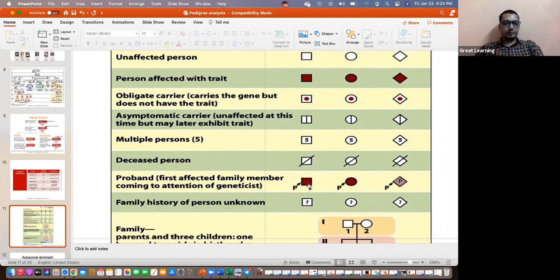So this is a reference point. You are digging for information from him, his parents, his grandparents, his cousins, his children. You start probing the information, starting with the proband. So the proband is where you started your investigation process. He's affected, that is why you see the symbol filled, with the arrow.